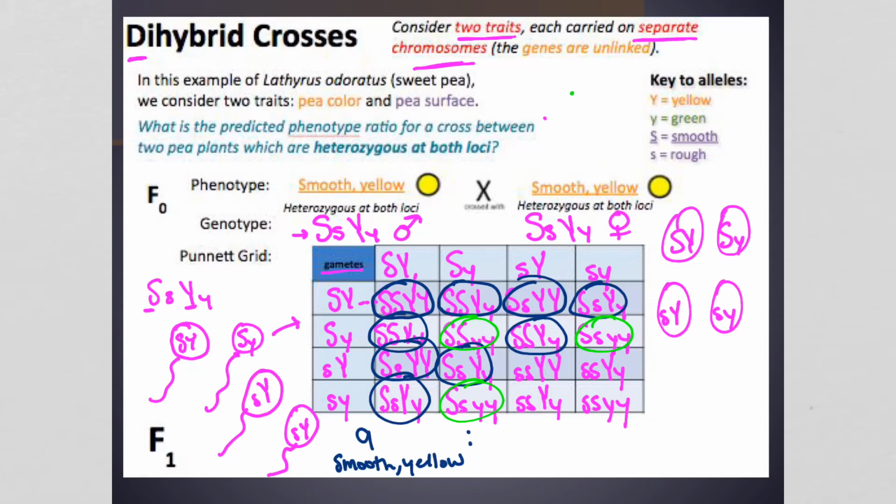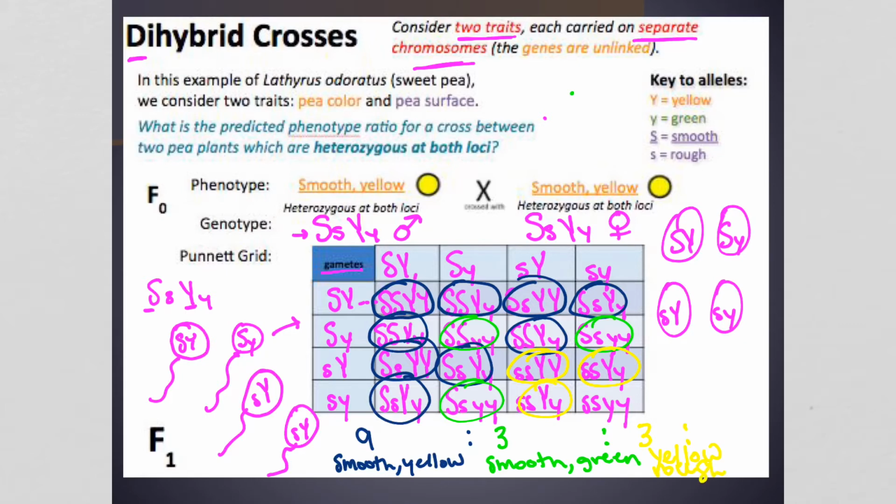So I've got 3 that are smooth and green, smooth and yellow. Oh, I'm sorry, yellow and rough. So 3 that are yellow and rough.